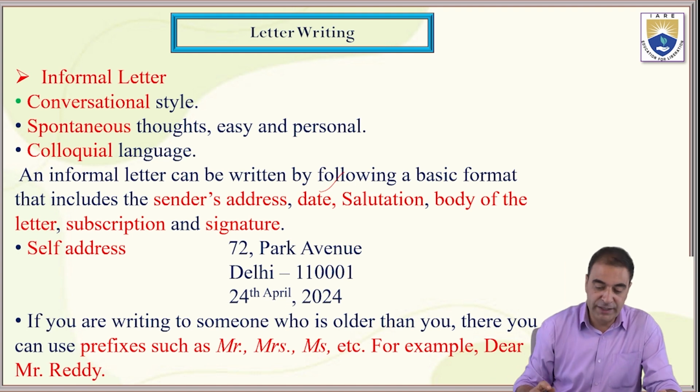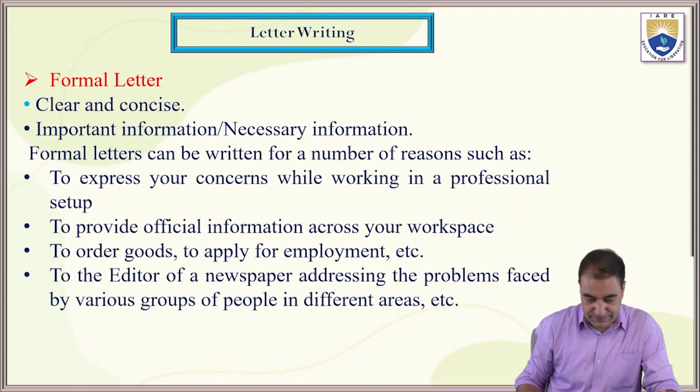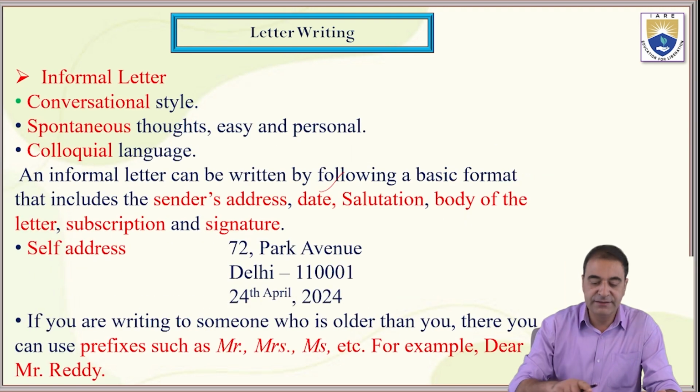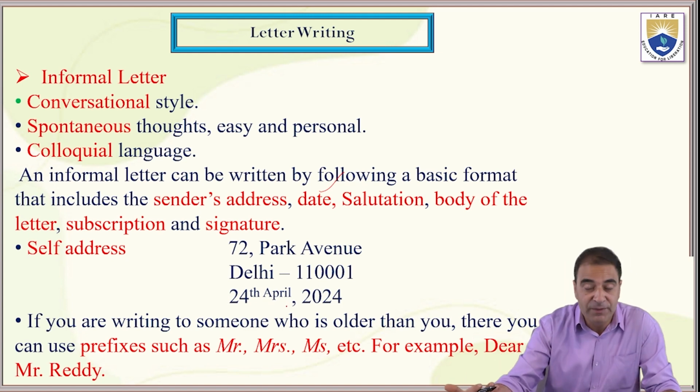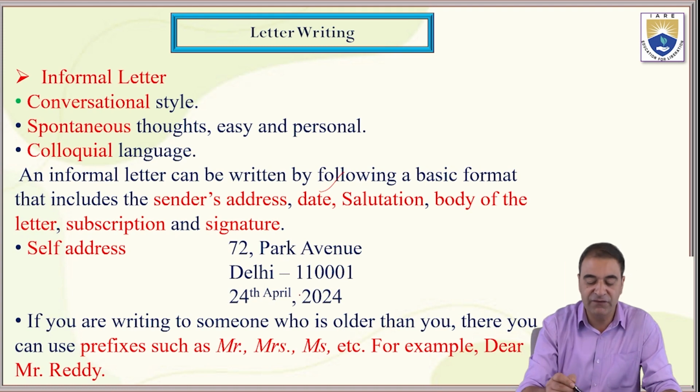Now the next one, this is the sender's address. And the next one is the date. Date, as I told you, we should mention the name of the month, as here, 24th of April 2024.